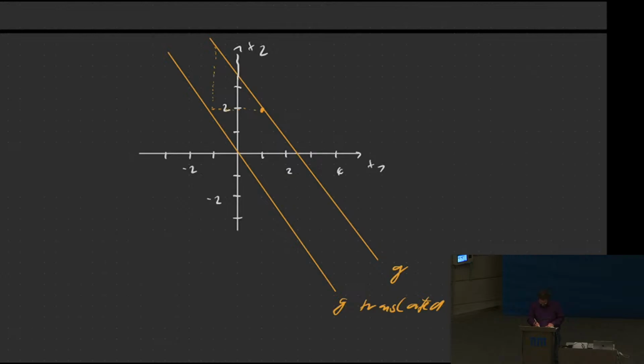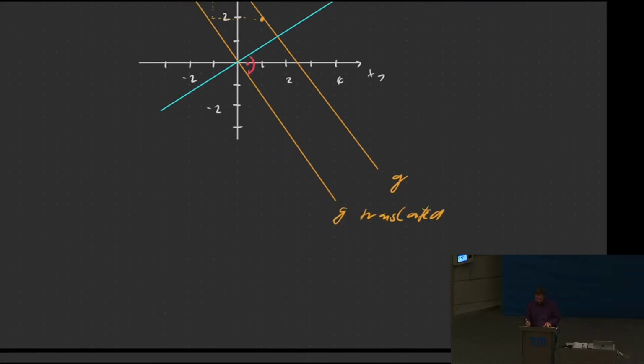Let's see. Something like this. Yeah, so this is H translated. Again, such that it passes through the origin. We'll take care of that later. Important point is those two are now perpendicular.